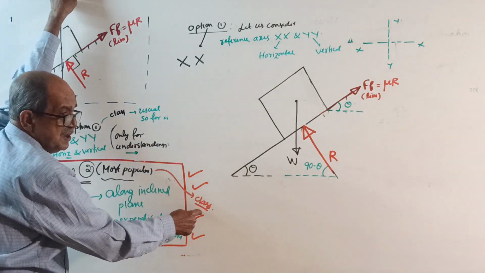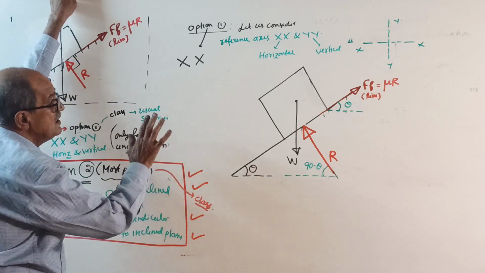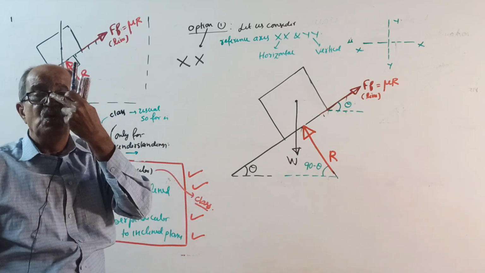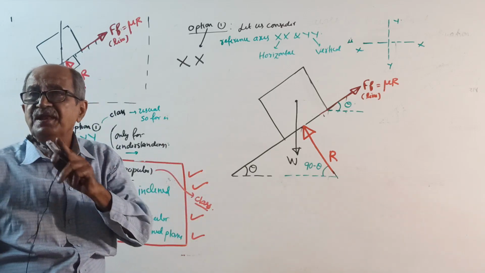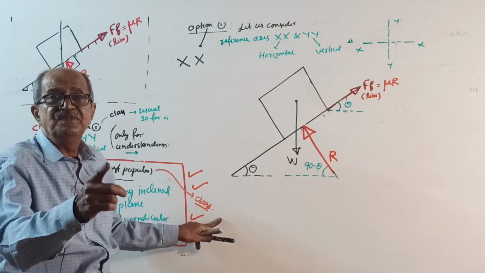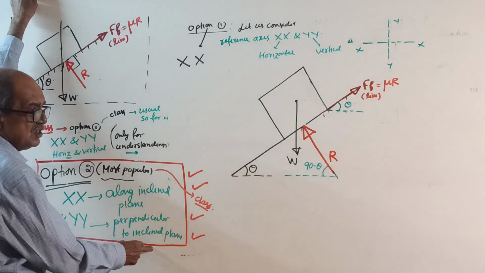This is the most important. From the next class onwards, when we consider inclined planes, of course one inclined plane, we will always consider x along the plane, y perpendicular to the plane.